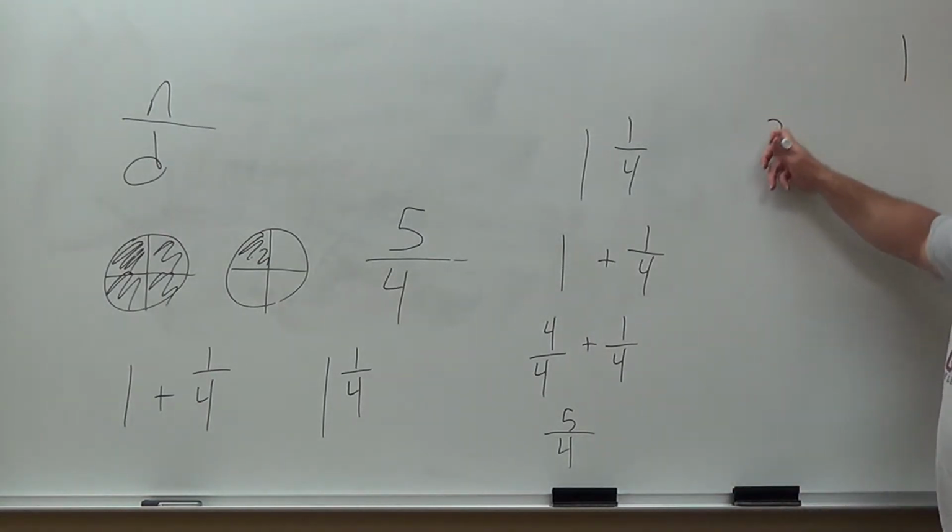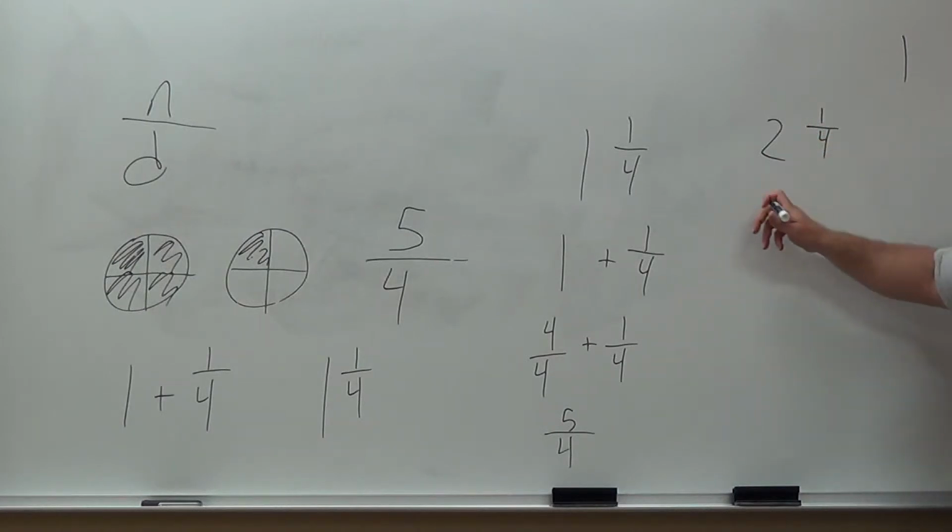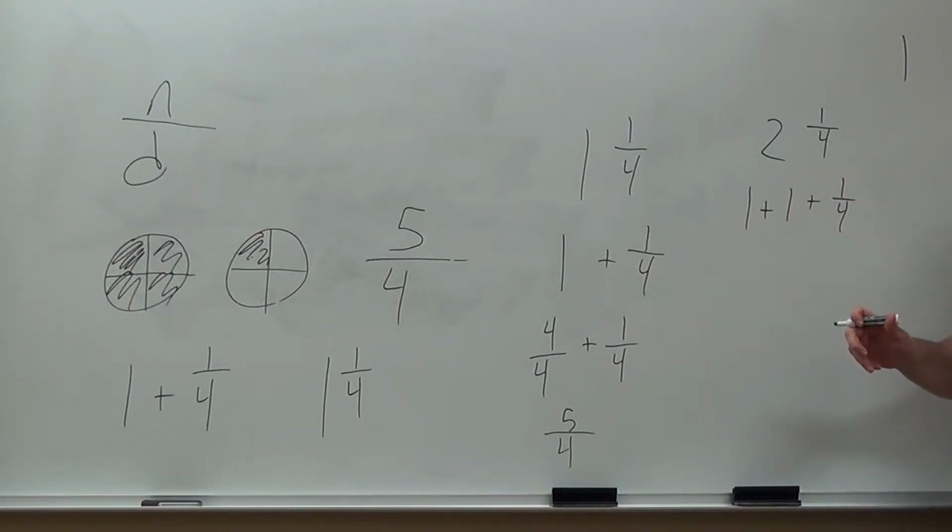If I have 2 and 1/4, this is 1 plus 1 plus 1/4, which is 4 over 4 plus 4 over 4 plus 1/4.